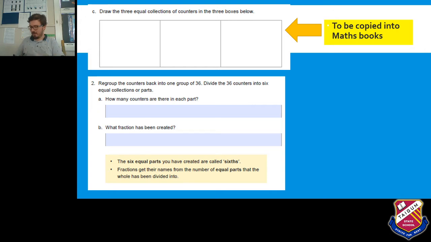So think of the numerator. Got it? Good. Now, we do the vinculum, then we do the denominator. The denominator is the total amount of counters. You got it in your head? Right. Answer B. What fraction has been created?